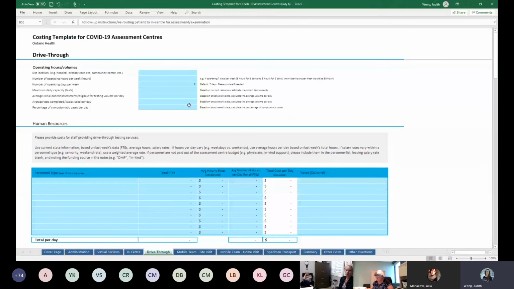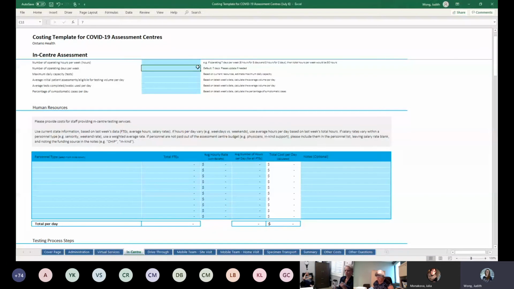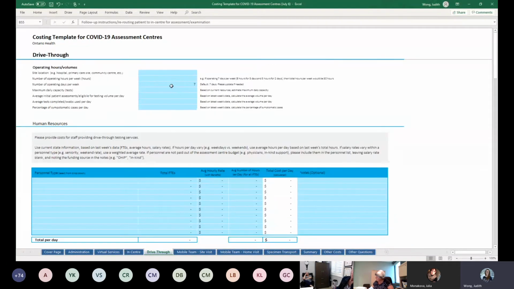One thing I want to note is if your particular model is that you operate in-center 5 days a week and drive-through 2 days a week, that's totally fine. Just make sure that you change your operating days to 5 for in-center and 2 for the drive-through, so that we know that that's your operating pattern.